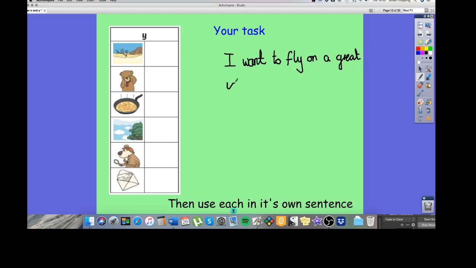Now, ice is a funny word because it's the curly c in the middle of the split digraph, and then I've got dragon. On. And then I put my full stop.